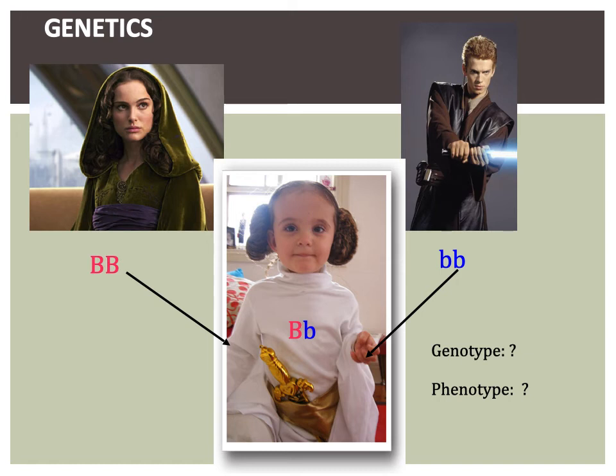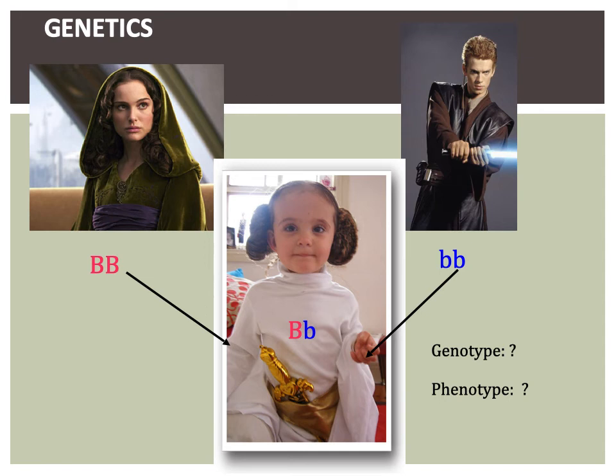So let's say with Padme, she has a gene for brown and another gene for brown. That's her genotype. But if you look at her phenotype, she has brown eyes. That's her trait. That was heavily influenced by the fact that she has two genes for brown eyes, if not almost completely influenced by that. Eye color would be a heavily genetic trait.